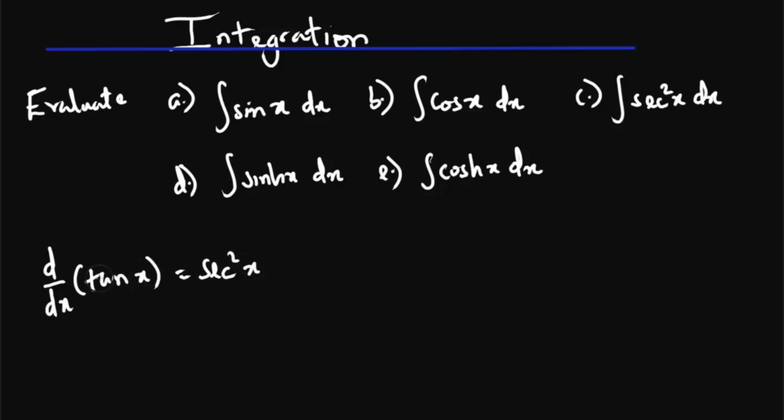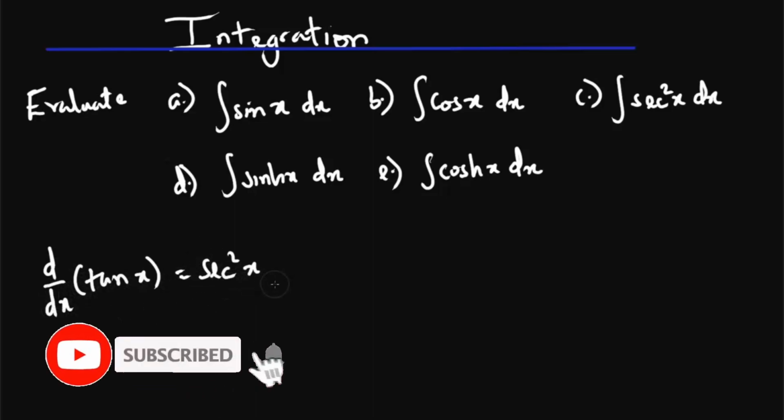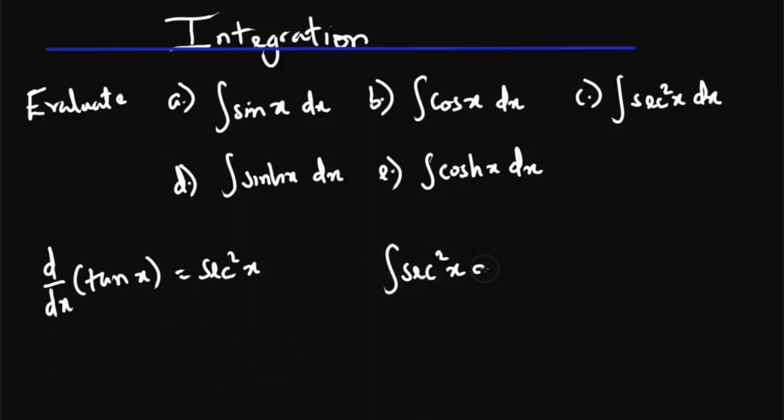I've actually done a video on this. You can check, I'm going to put the link to the video somewhere on your screen. I explained how differentiating tan x gives us sec²x. So just know that when you integrate sec²x dx, you are going to have tan x plus c.